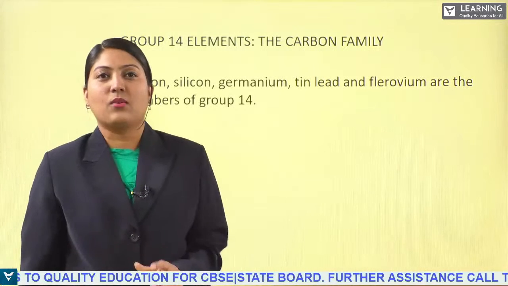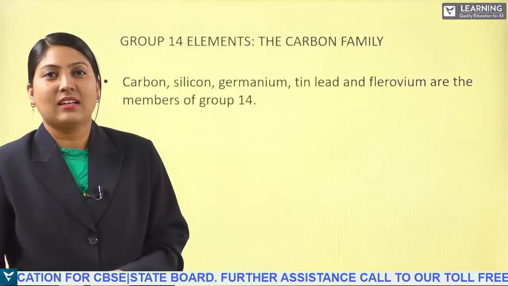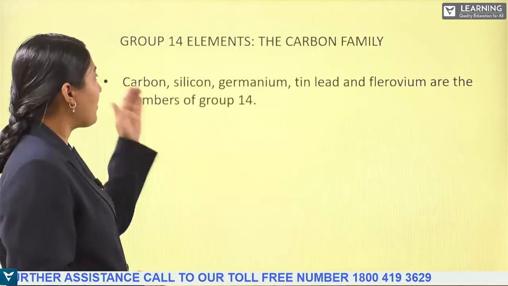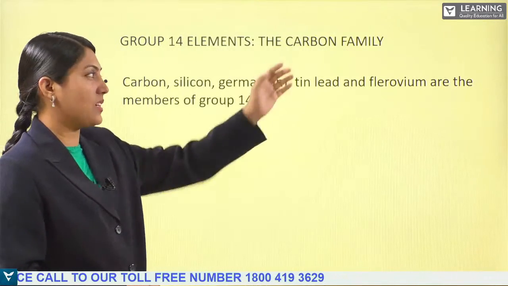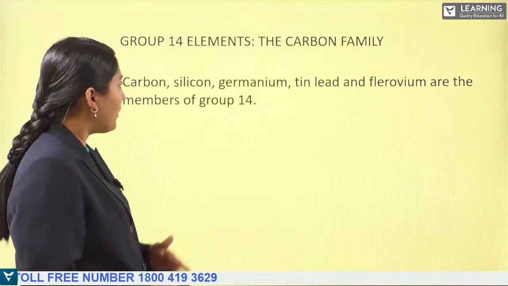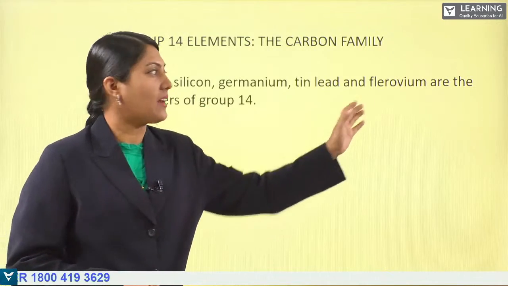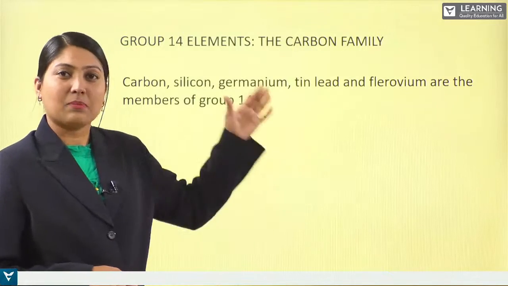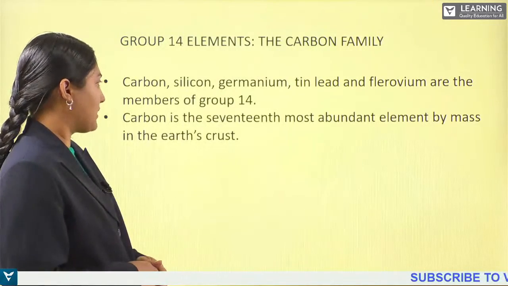Do you remember, students, what this carbon family says? Yes, it is the 14 group elements, where we have the elements starting from carbon, as we say, the carbon family. Here we have silicon, germanium, tin, lead and flerovium. These are the elements present in the 14 group.